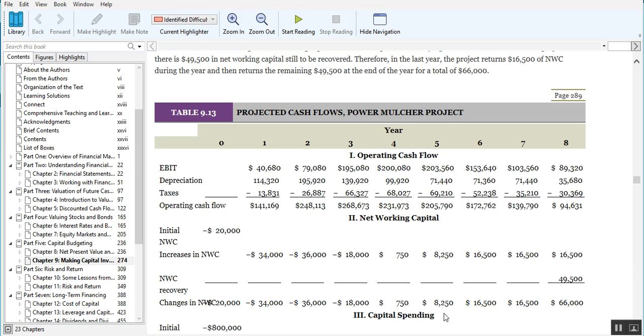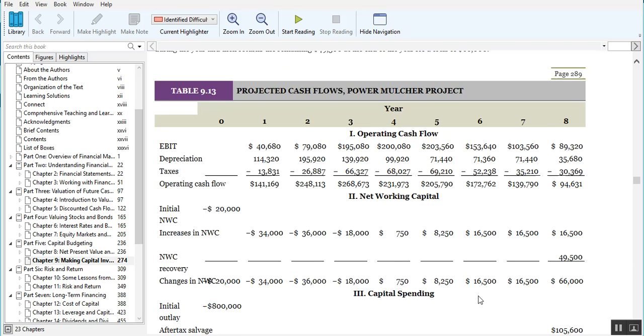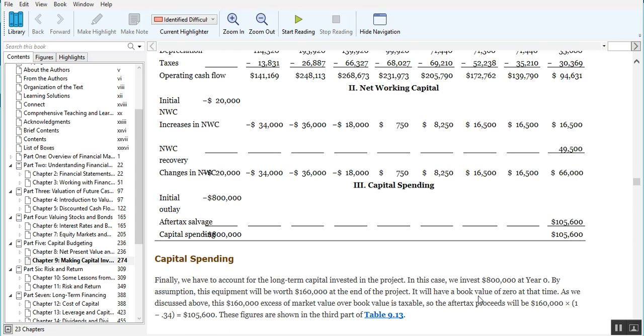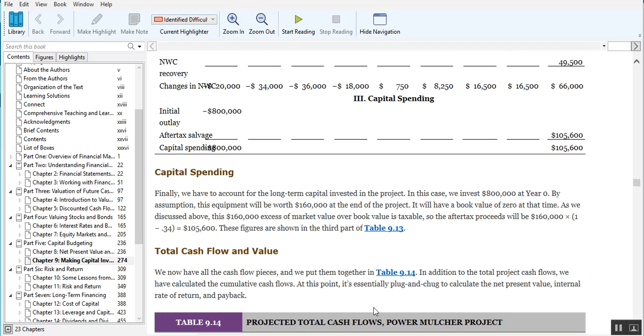And what it is here, this is the changes in net working capital. And all told, we're going to have capital spending here of $105,600. So we've done all of that.